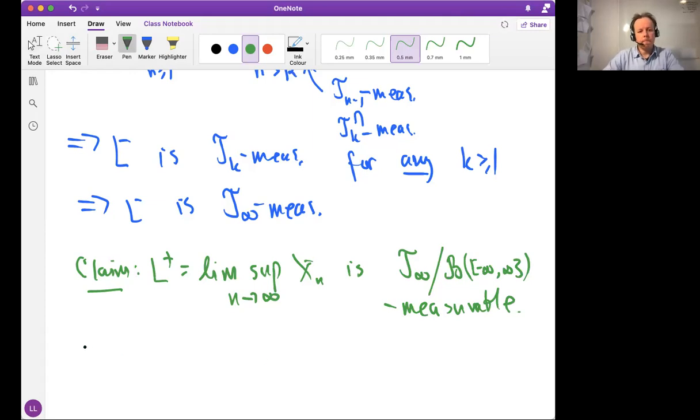And finally, a consequence. Let A be the event of those omegas for which the limit of xn exists.